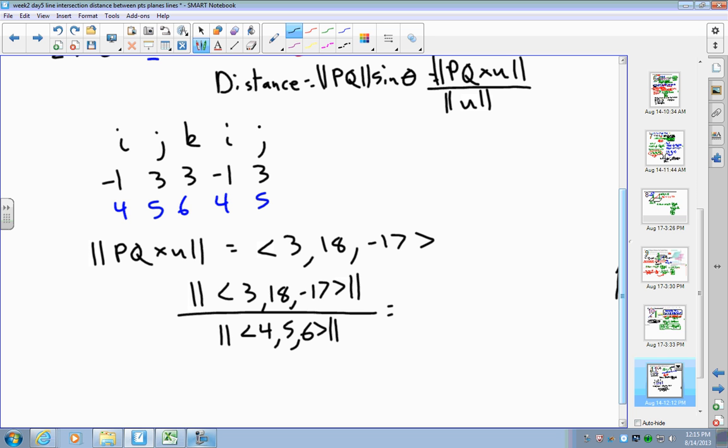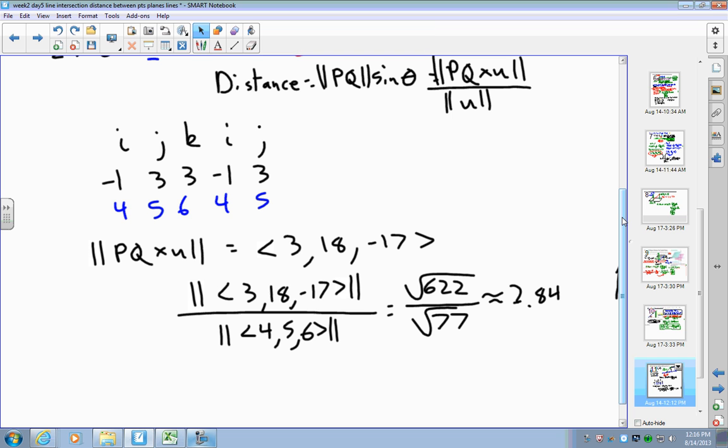Yuck, so calculator out. 3 squared plus 18 squared plus 17 squared is the square root of 622, all over 4 squared plus 5 squared plus 6 squared, the square root of 77. Roughly, that is 2.84 distance.